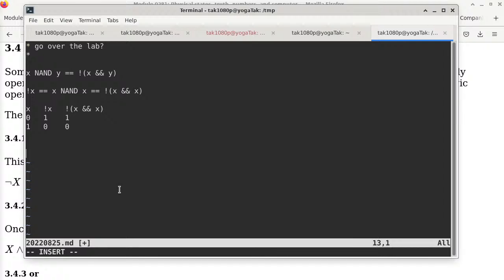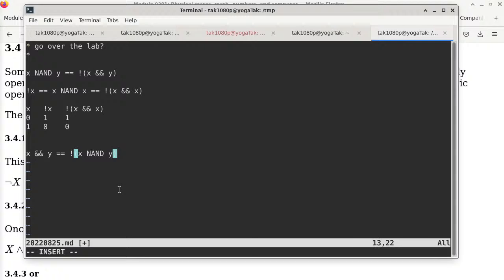So now we move on to the next one, which is x and y. We want to look at x and y, and we ask, can we use a bunch of NANDs to express the same thing as x and y? It would appear that this should be easy, right? Because this is the same thing as the negation of x NAND y, because after all, NAND is the negated AND.